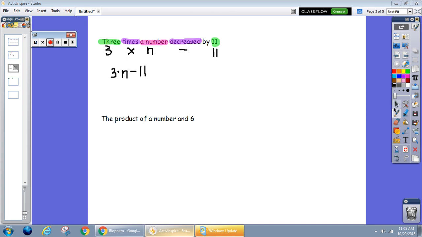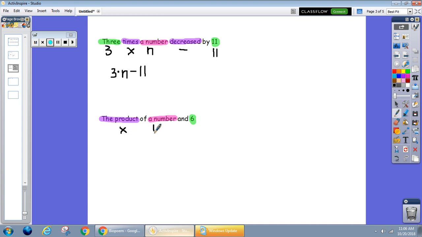All right, the next one we want to look at is the product of a number and 6. All right, get our highlighter. 6 is our constant. Our operation is the product, and then our variable is whatever this number is. Let's get our pen tool out. Product means multiply.